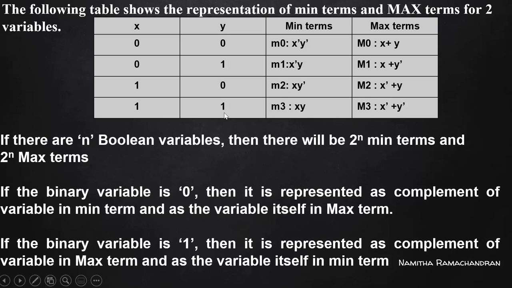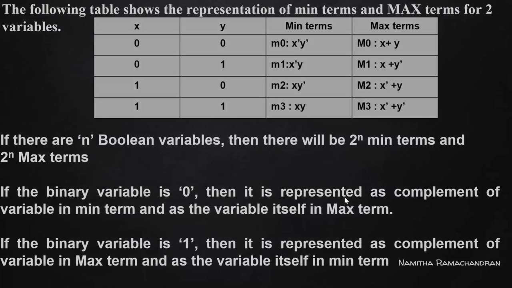Here both x and y are 1, so the corresponding max term is x complement plus y complement. If x is 1 and y is 0, then the max term is x complement plus y. That is why x is represented using complemented form and y is represented using its original form, because the value of y is 0.